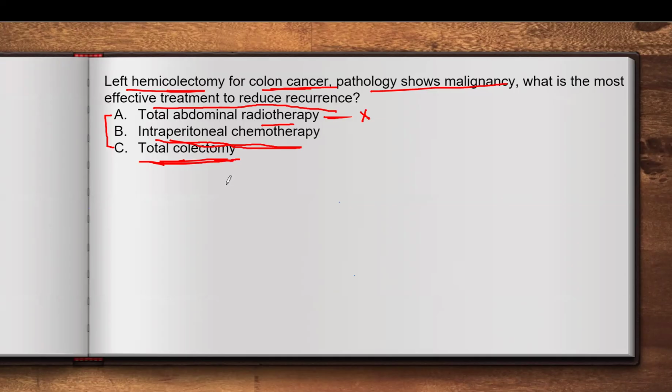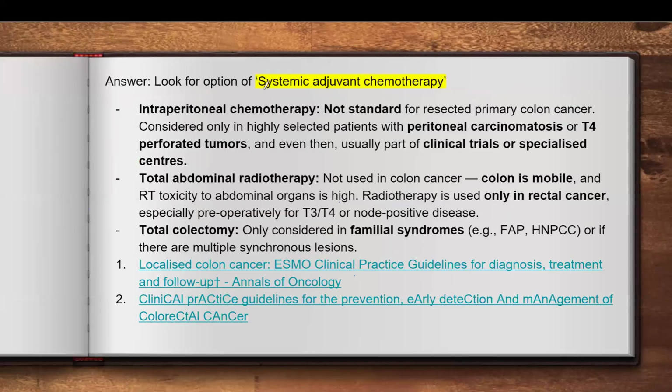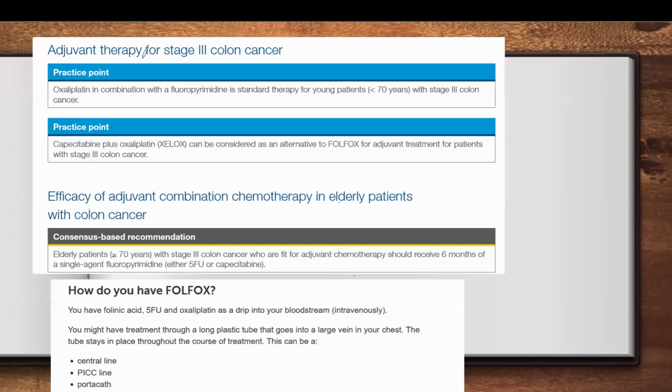The best thing would be to look for systemic adjuvant chemotherapy, okay, because this is what we give for the colon cancer which is stage 3 or above, the adjuvant chemo. So this is Folfox, but this Xelox chemotherapy is there as well.